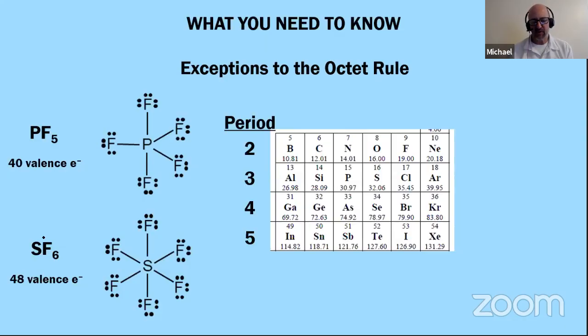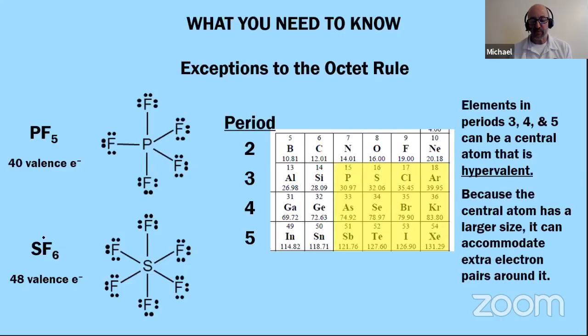So on the periodic table, focusing on phosphorus, sulfur, chlorine, those are in period 3. And elements in periods 3, 4, and 5 can be a central atom in a molecule that is hypervalent. So because the central atom has a larger size, it can accommodate extra electron pairs.